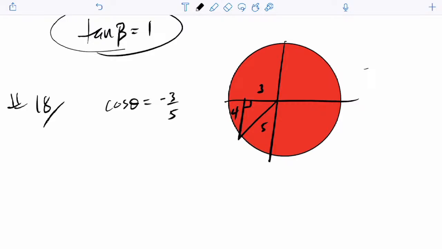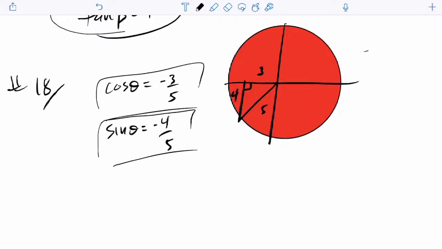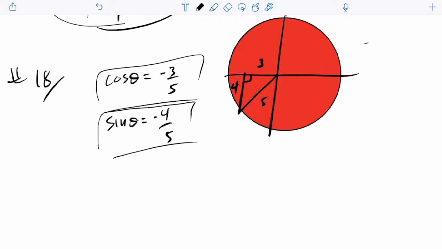They want sine, cos, and tan. So in this case here, I know the sine of theta is going to be my opposite over hypotenuse. In this quadrant, your sine of theta is negative, so I tack on a minus sign. So now I can go ahead and answer some of these here. They want the sine of 2 theta, cos of 2 theta.